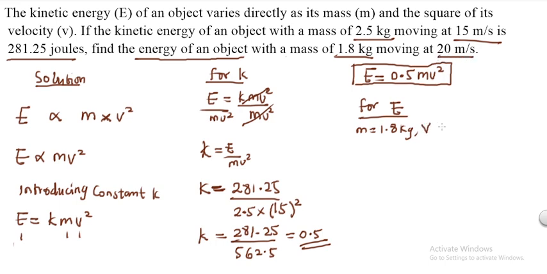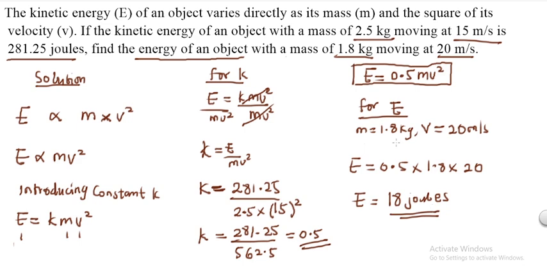To calculate the energy, we just plug in these values into this equation, so that the energy is equal to 0.5 times the mass, which is 1.8, times the velocity, which is 20 squared. This means that energy is equal to 0.5 times 1.8 times 20 squared. If we do that on our calculator, we get 18 joules.